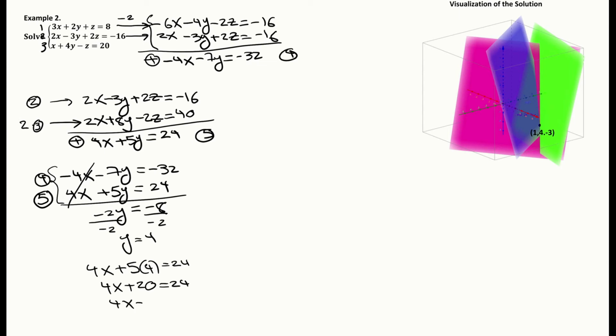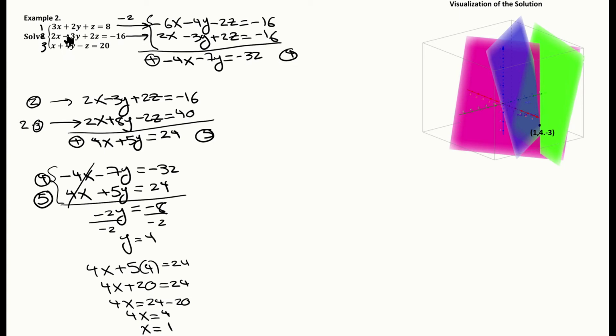So 4x equals 24 minus 20. 4x equals 4. So x equals 1. So now we have x and we have y. We still need to find z.